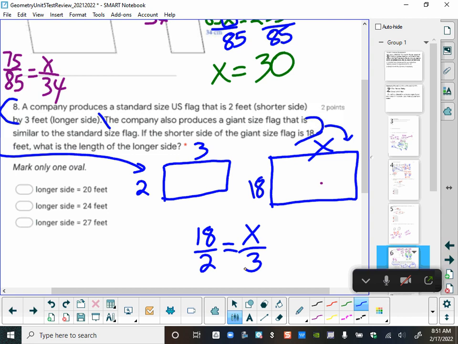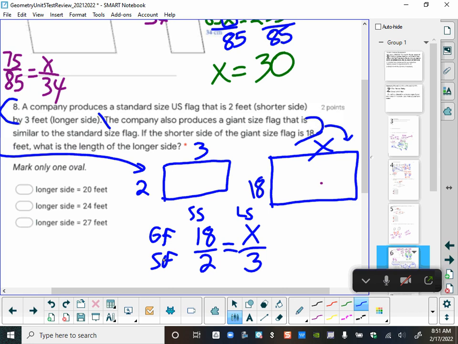So he went short side, long side, giant flag, standard flag. That's one way you could set this up. Is that the only way you could set it up? There's another way. Okay, what could be another way?